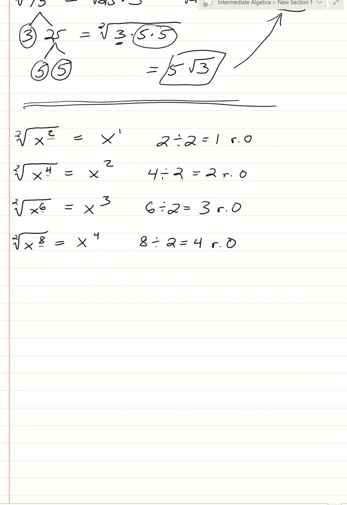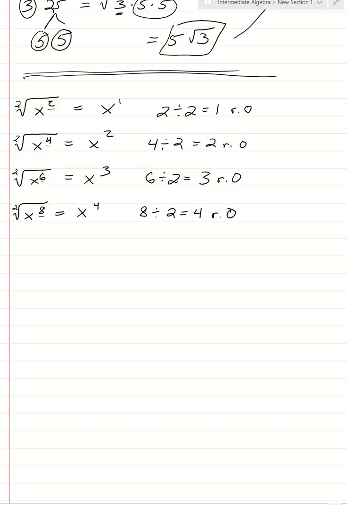So even if we were to do a more difficult, a higher power, let's say we were to take the square root of x to the 24th power. Well, let's see what that's going to give us. If we take 24 and divide it by, remember the root index is 2, 24 divided by 2, as we see here, gives us a 12, remainder 0.